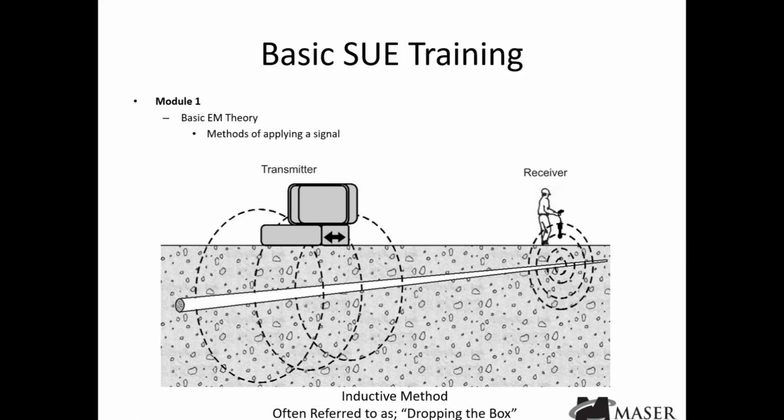And if you understand which direction the signal is being propagated from, and each one of those boxes has a clue on it as to how the antenna is configured, you can drop the box above a conductive facility and it will induce that current on the facility, and you'll be able to receive it with the receiver and designate the location or the horizontal pathway of that facility.